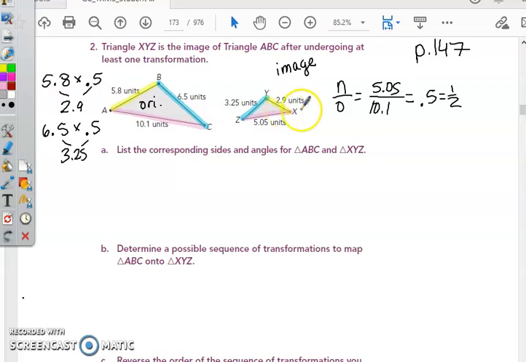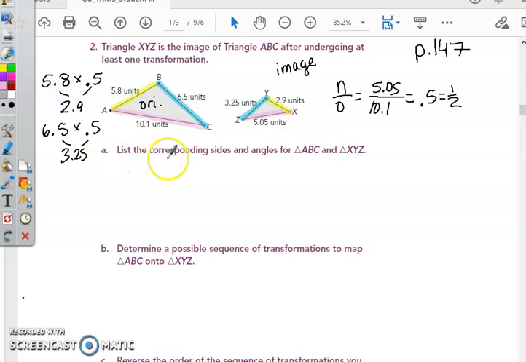For instance, I would flip this one so that the 2.9 was on the left, like this one's on the left. I'm not going to do that because I am going to do this just the way I see it, so you can make sure you have a method. If you do not understand, just flip this around and put the 2.9 on the left, the 3.25 on the right, and the 5.05 on the bottom. If you're not following, maybe you could do that.